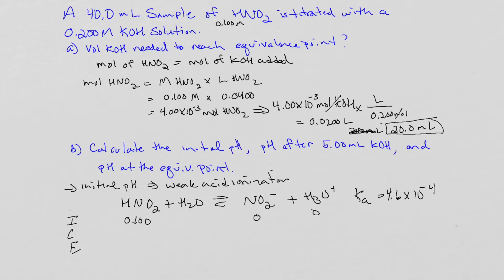Our change is going to be, I'm sorry, I got ahead of myself there. It's just going to be minus x for the acid, and plus x and plus x. And so the equilibrium concentrations are going to be 0.1 minus x, x, and x.